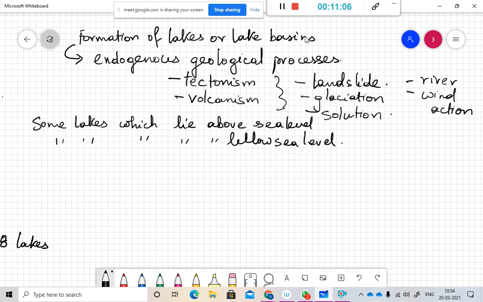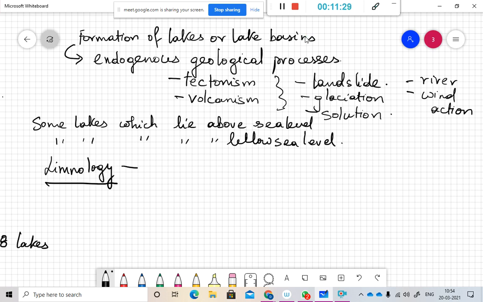The next thing we should know: what is limnology? Limnology studies the formation of lakes, their physico-chemical conditions and their biotic life.